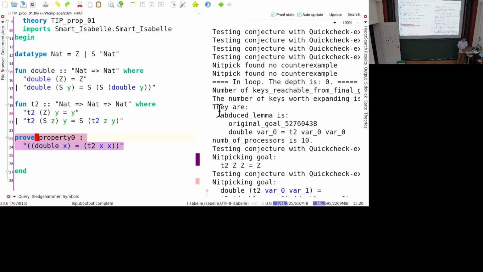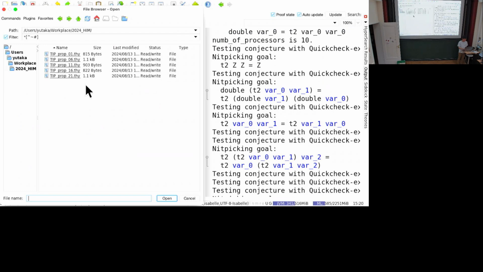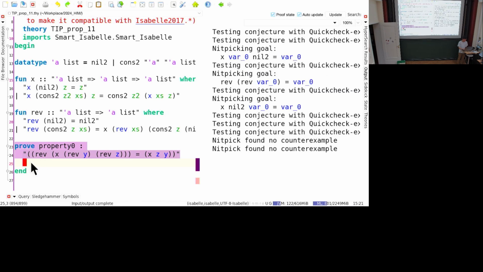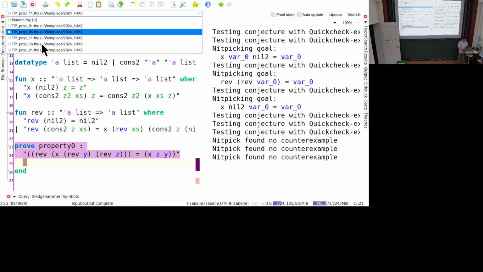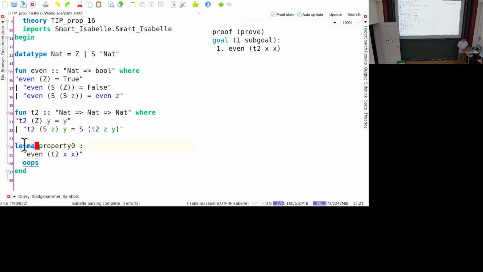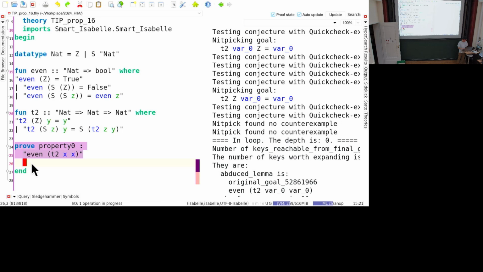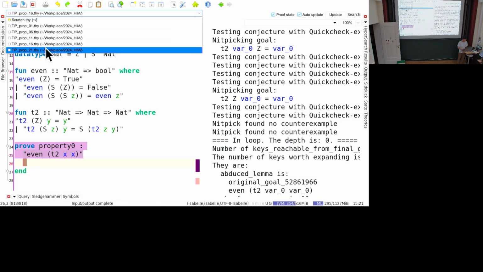Yep, and it's going to take some time. And we have other problems, so let's say prove this one as well. And maybe other problems here. Prove this one as well. Okay, one more.